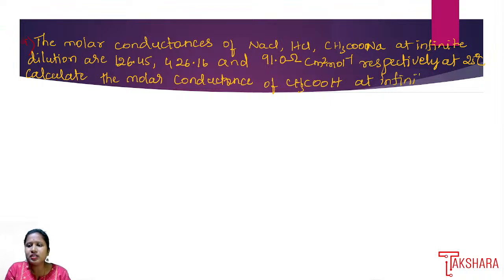So based on this given data, we need to find out the molar conductance of acetic acid at infinite dilution. The molar conductances of NaCl, HCl and sodium acetate at infinite dilution are 126.45, 426.16 and 91.0 ohm centimeter square per mole respectively at 25 degree Celsius.